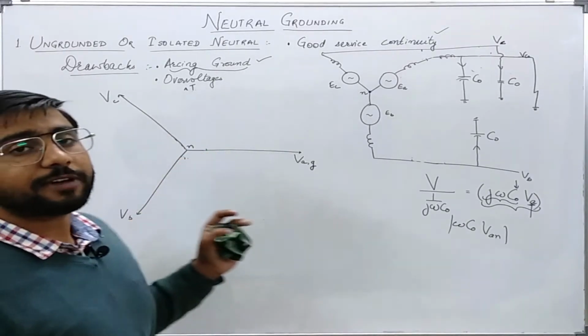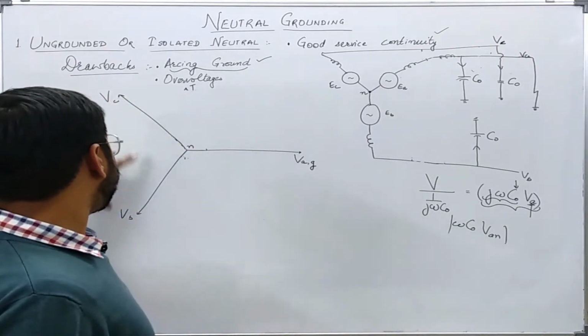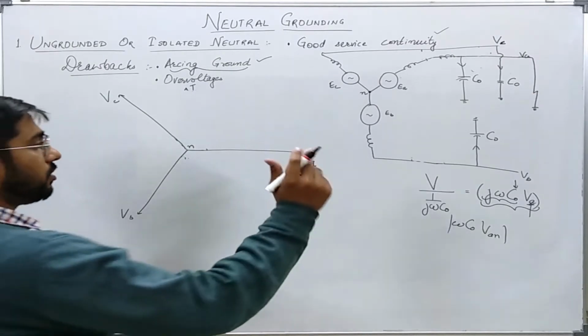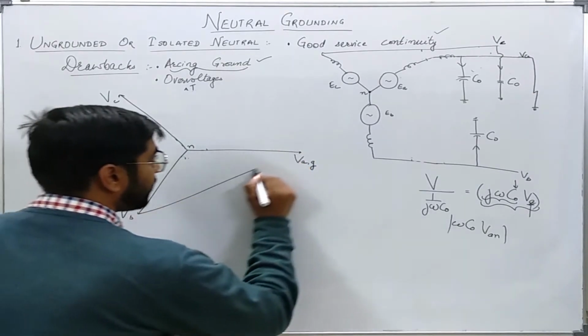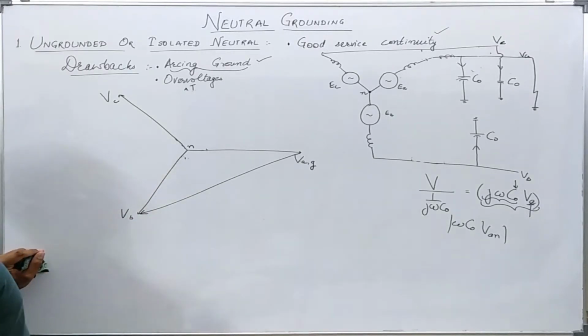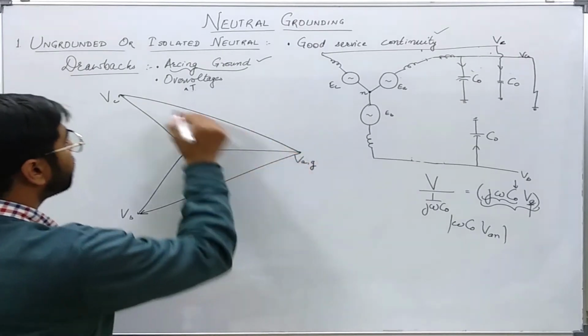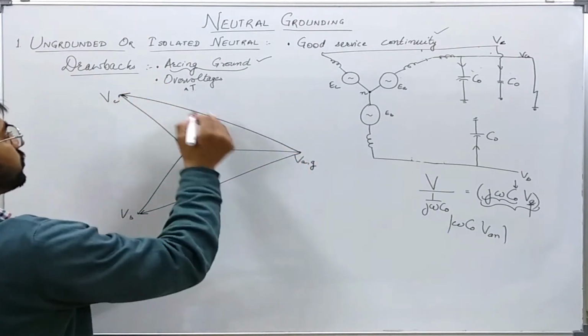Now what will be the value of potential of phase B and phase C with respect to ground? This will be the potential of phase B with respect to ground, and this will be the potential of phase C with respect to ground.